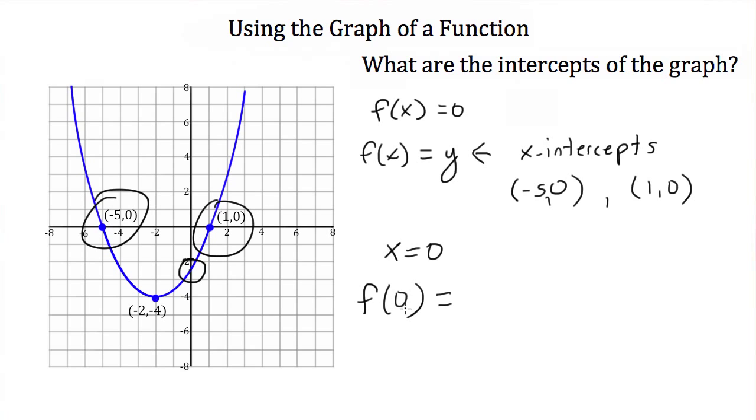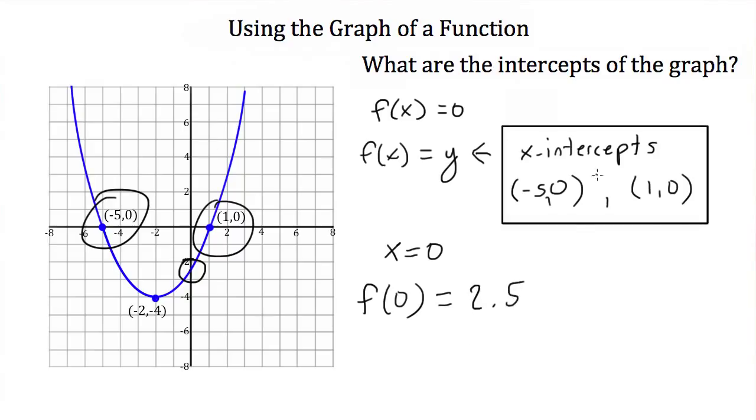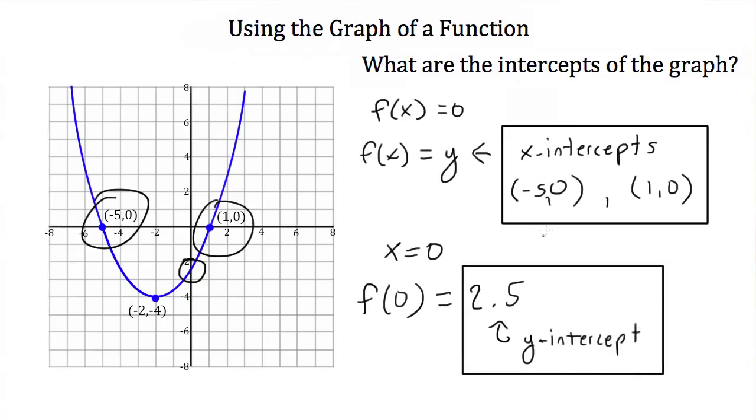So I would say that our function value at 0 is about 2.5. So those are our x-intercepts. This one is our y-intercept. And we got these by just looking to see where our graph crosses the x and y axis.